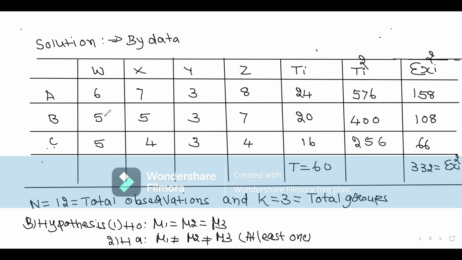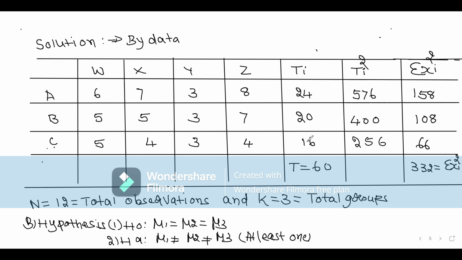Next, 5 square plus 5 square plus 3 square plus 7 square. Its sum is 108. And next, 5 plus 4 plus 3 plus 4. It is 16. And 16 square is 256. Now 5 square plus 4 square plus 3 square plus 4 square. It is 66.